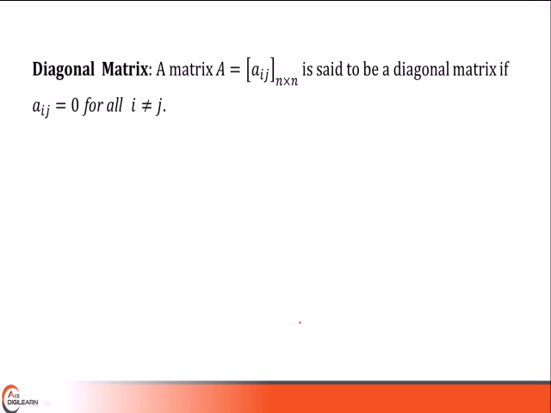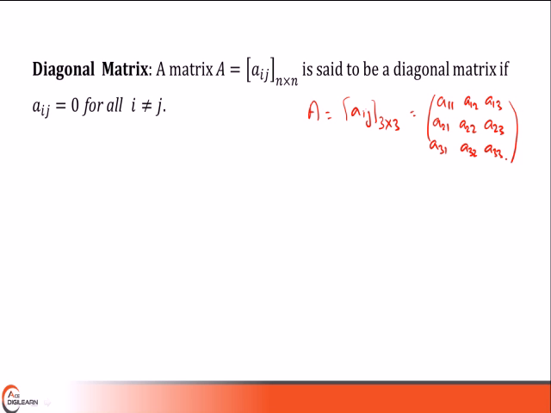Next, coming to diagonal matrix. A matrix A equals aij of n by n is said to be a diagonal matrix if aij equals 0 for all i not equal to j. Students, just remember a matrix A equals aij of order m by n. Of order 3 by 3, you can write as a11, a12, a13, a21, a22, a23, a31, a32, a33.